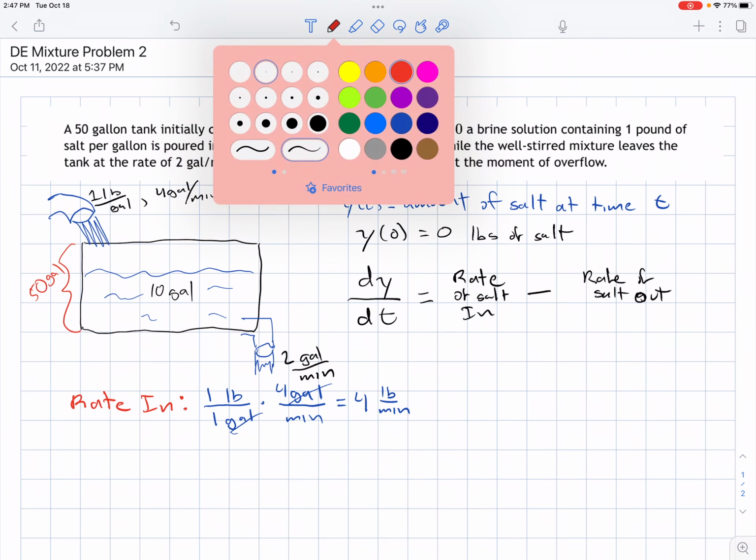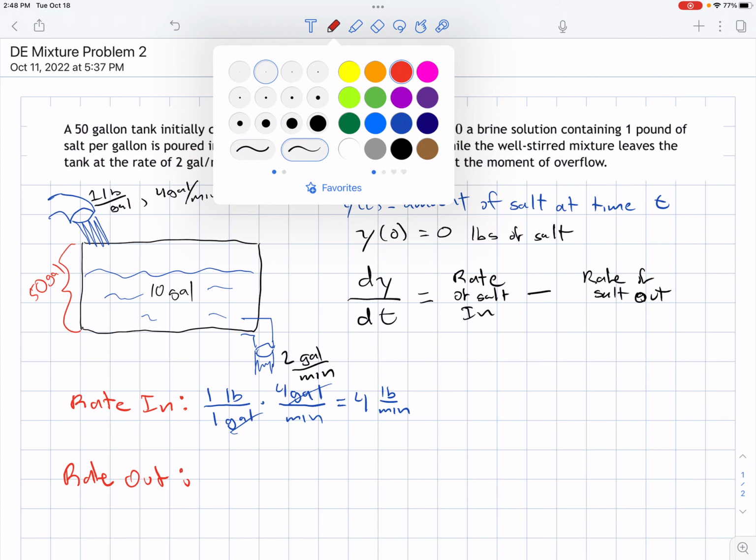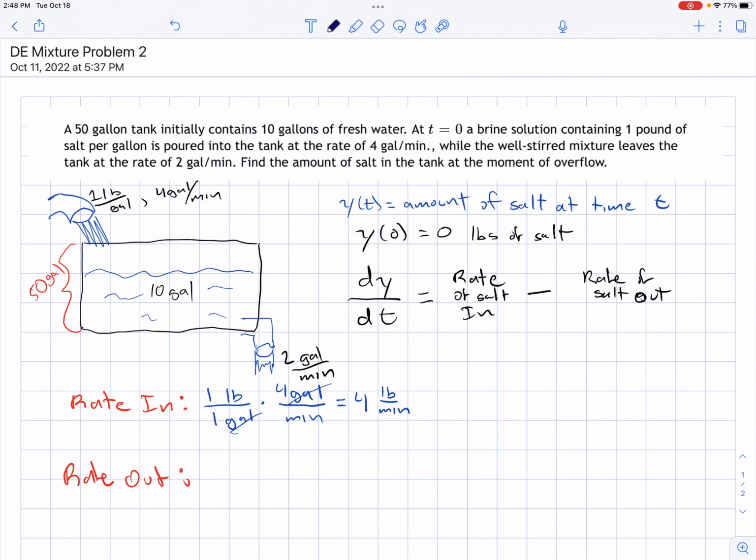Now we can look at the rate going out, the rate at which the salt is leaving. We know the solution is leaving at 2 gallons per minute.